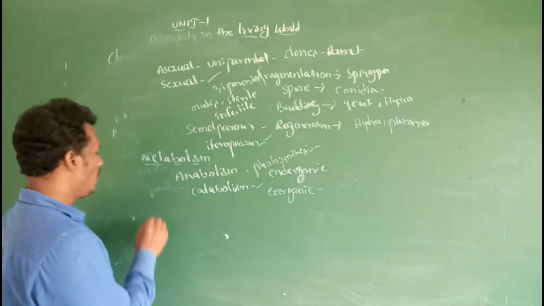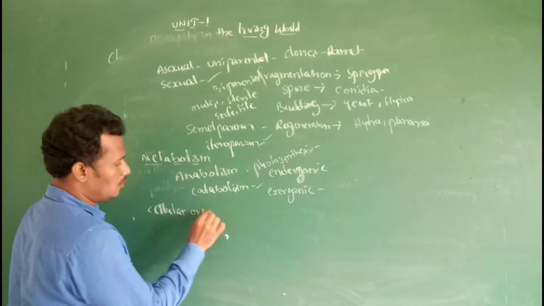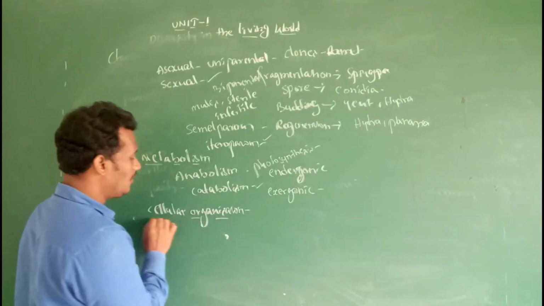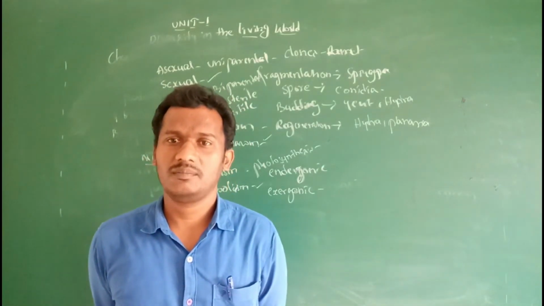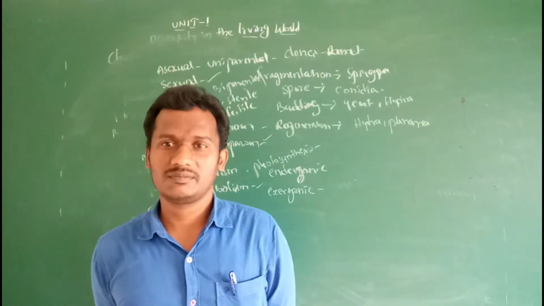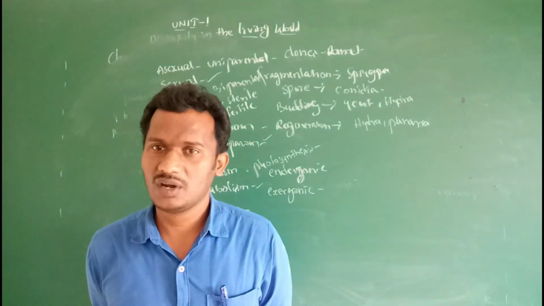Next one, cellular organization, nothing but cellular structure. All organisms' bodies are composed of cells. One to trillions of cells are present, from unicellular to multicellular organisms.